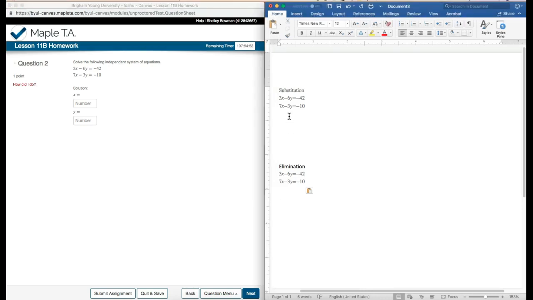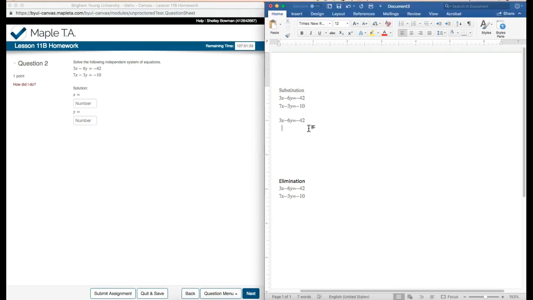All right, so the substitution method, I'm going to take one of these equations and solve it for either x or y, it doesn't matter. And since the top one looks fine, let's just go ahead and use that one. So I'm going to take this one here, and let's solve for x. Why not? Just because. So I want to get rid of everything on the left-hand side of the equation except the 3x.